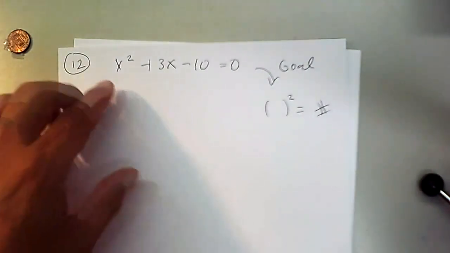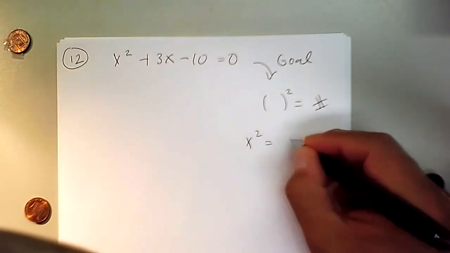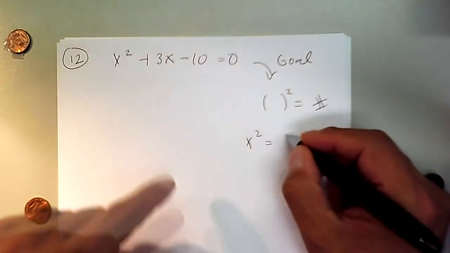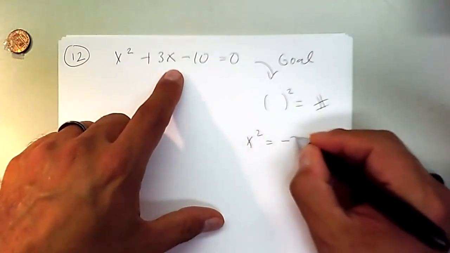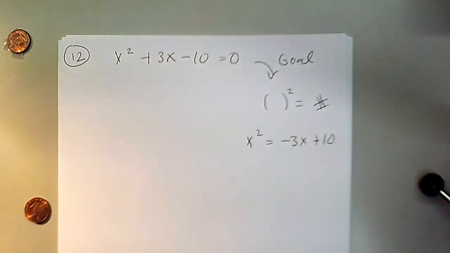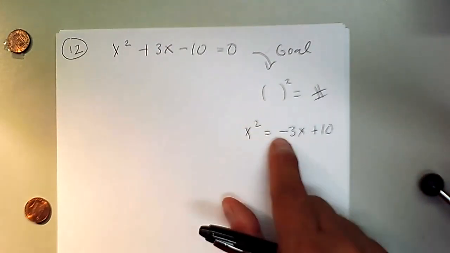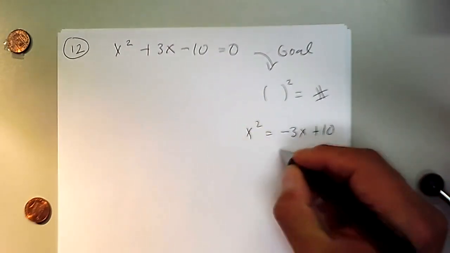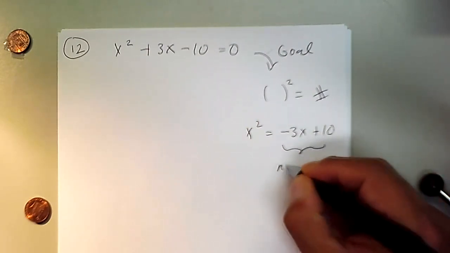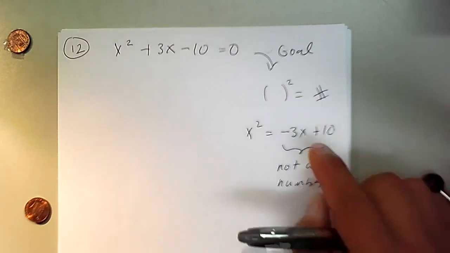Now, some of us may be thinking, could I just do x squared equals negative 3x plus 10? Can we do that? Because there's this something squared equals a number. The problem is that this is not a number, in the sense that we have a variable.